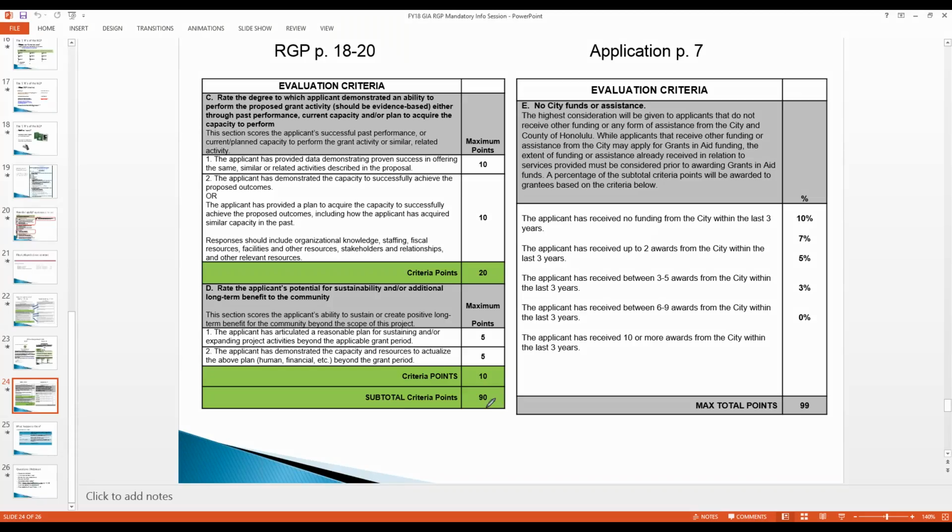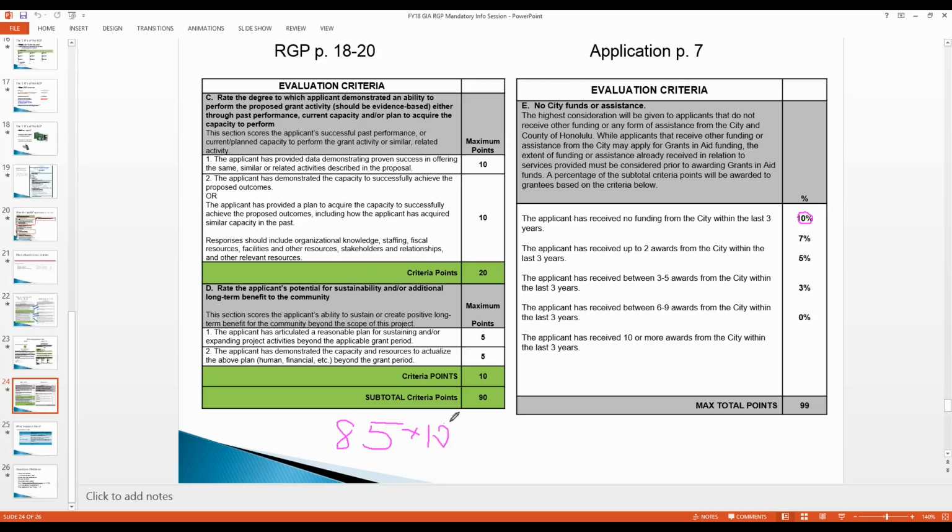So how it works, let's say you got 85 points for answering A, B, C, and D. So instead of 90, you got 85. And let's say for the last 3 years, you didn't get any city funding. So you can get 10% of the 85. Let me do a quick math here.